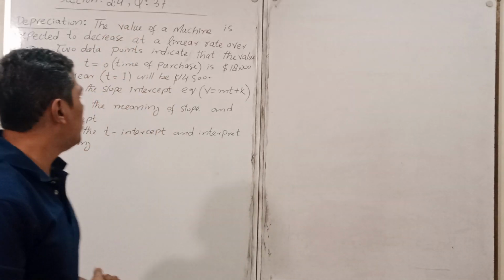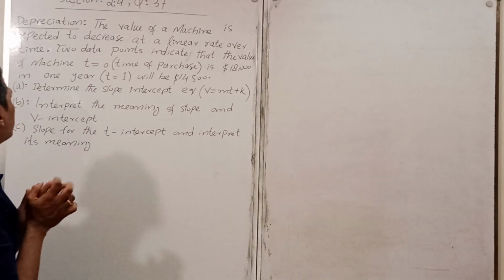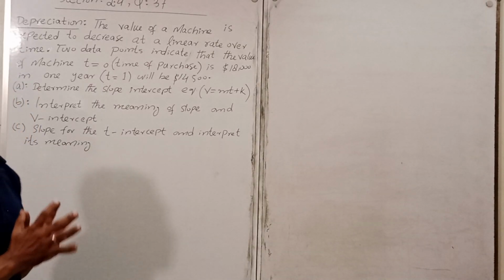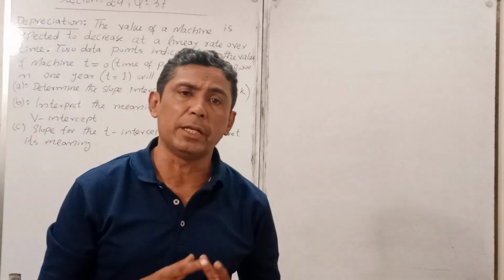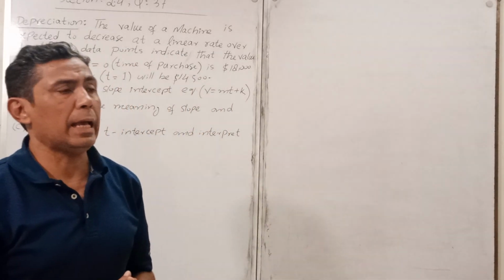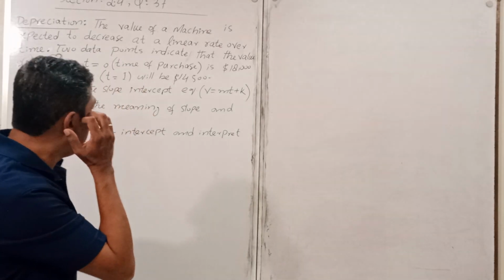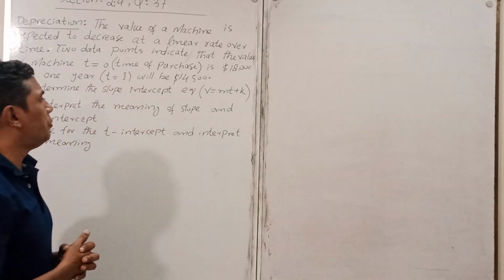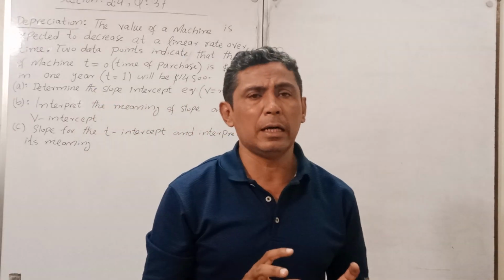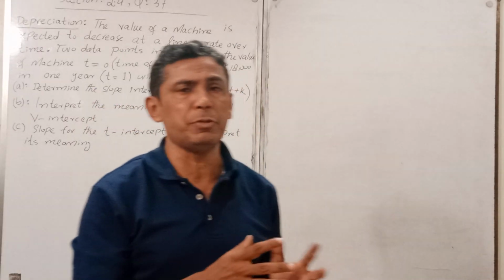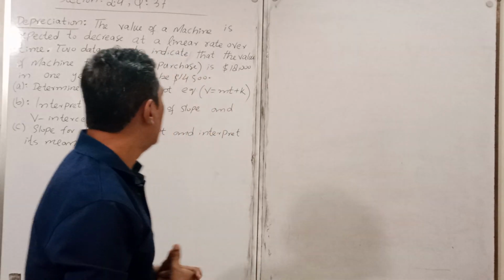This question is related to depreciation, which means you have to find the slope and intercept value again. In the previous lecture we did the same kind of practice, but these are different kinds of questions from the ones we covered before.